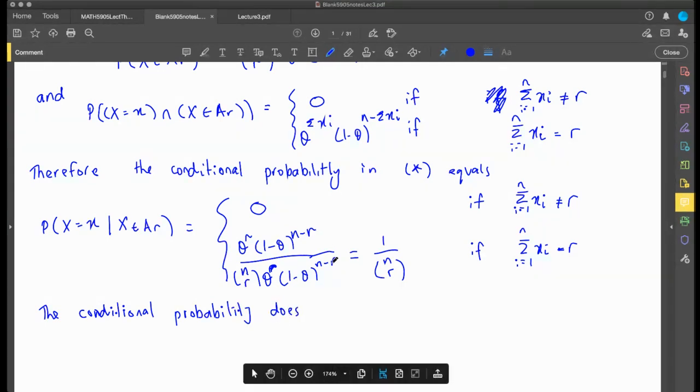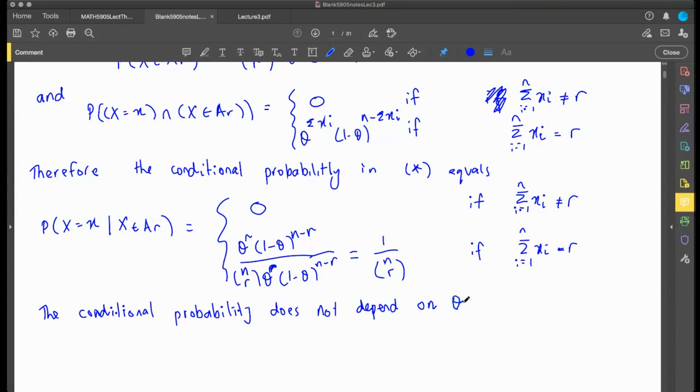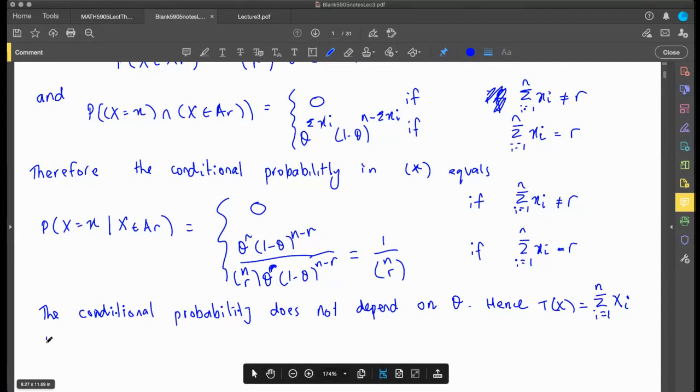We're going to find other ways to show why the sum of the xi's is a sufficient statistic for this example. Here I've just told you that that's the case. This conditional probability does not depend on theta. Hence, we must have that T of x, which is the number of successes, the sum from i equals 1 to n of xi, is sufficient for theta.